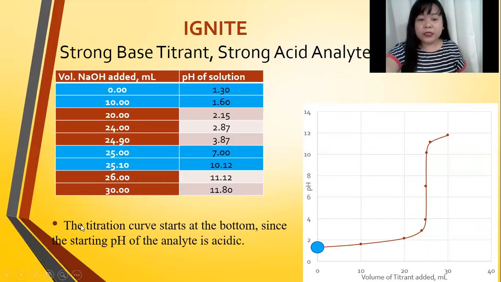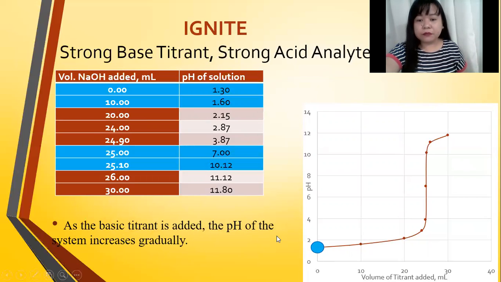So notice that the titration curve starts at the bottom since the starting pH of the analyte is acidic. So we had hydrochloric acid, therefore we started with an acidic pH. And then an addition of 10 ml only gave us a minute increase in pH.